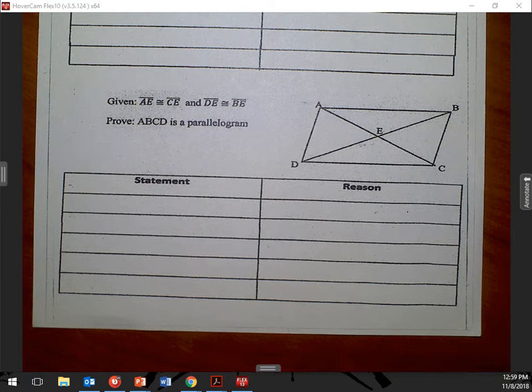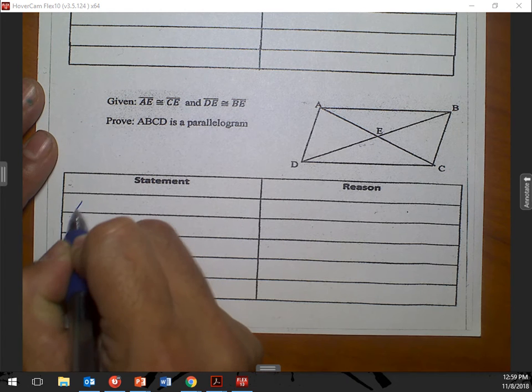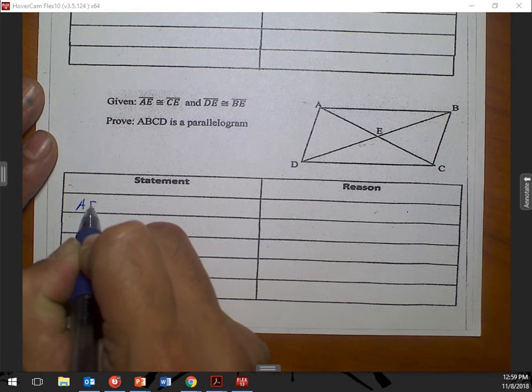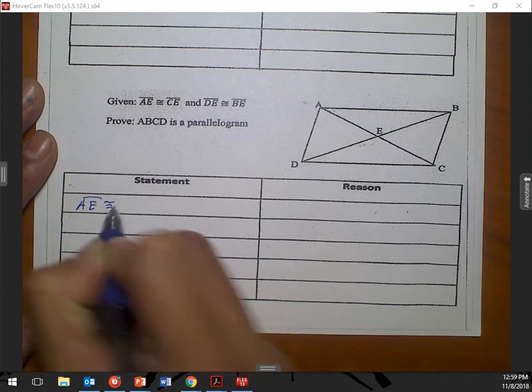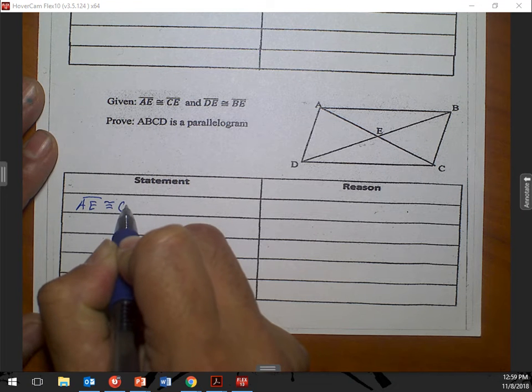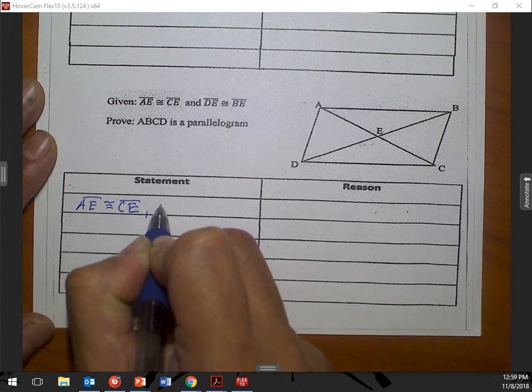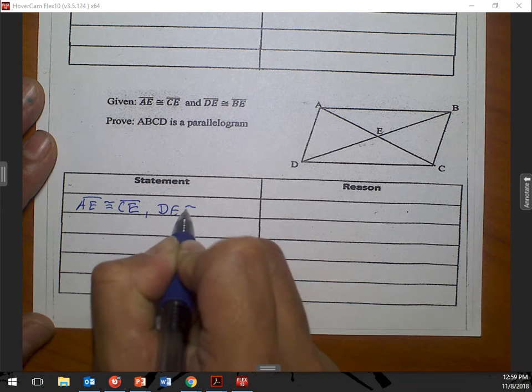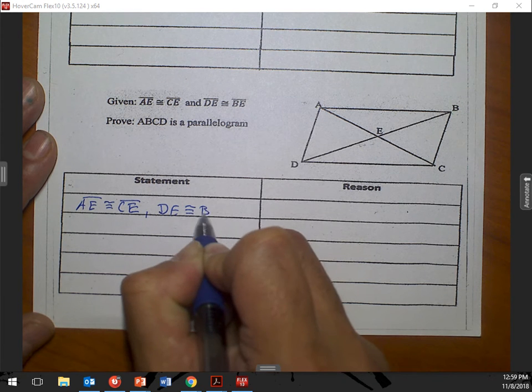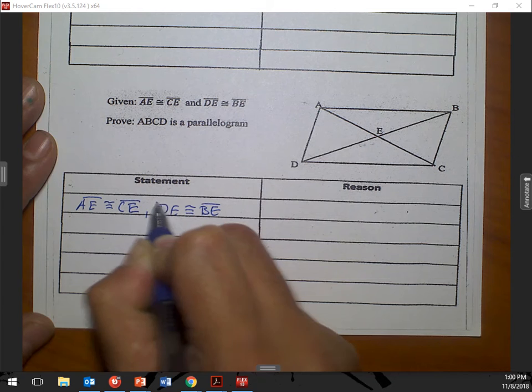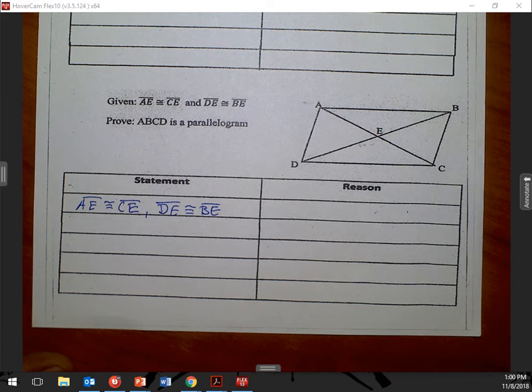Class, what's my first statement? Given. Okay, but what is a statement? A is congruent to C and D is congruent to B. The reason is given. Now, what else do I have to do with that information?